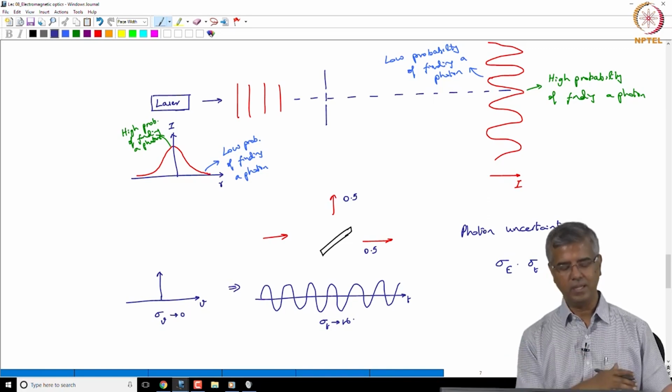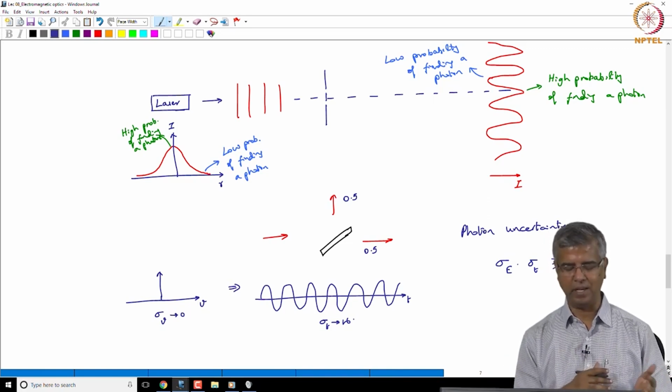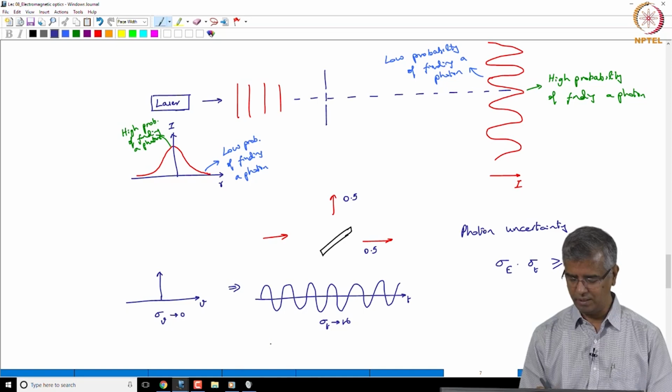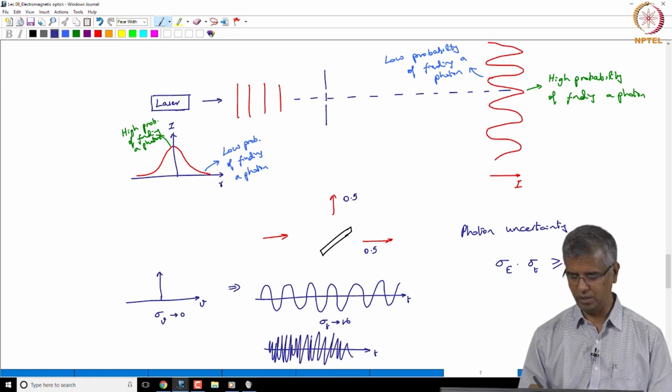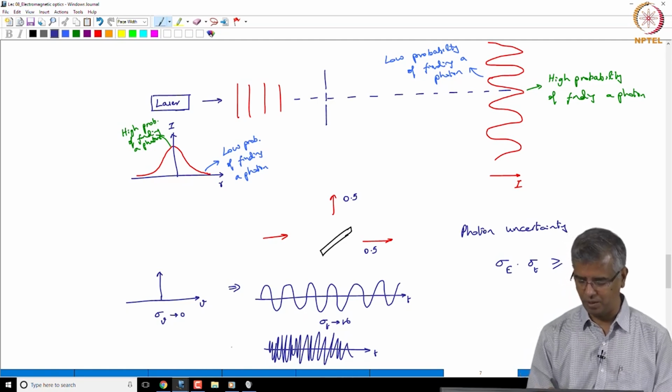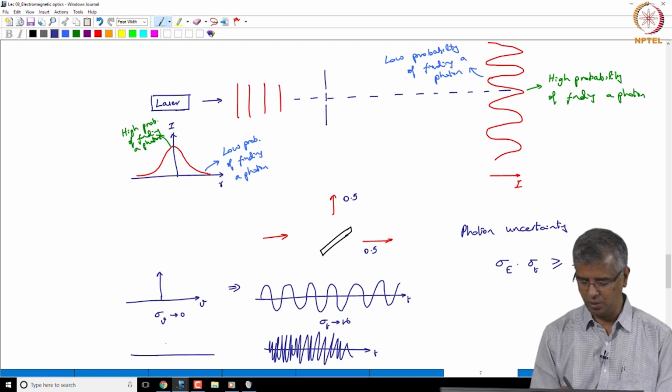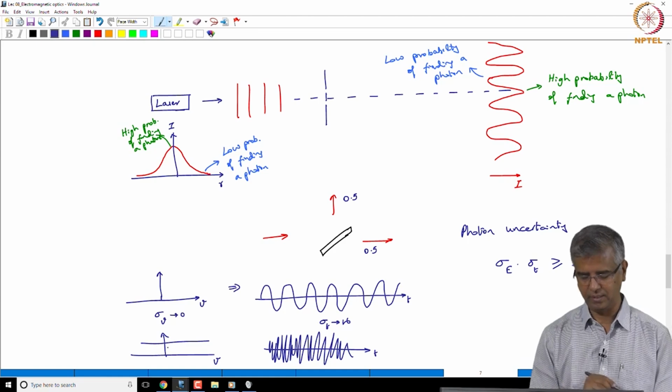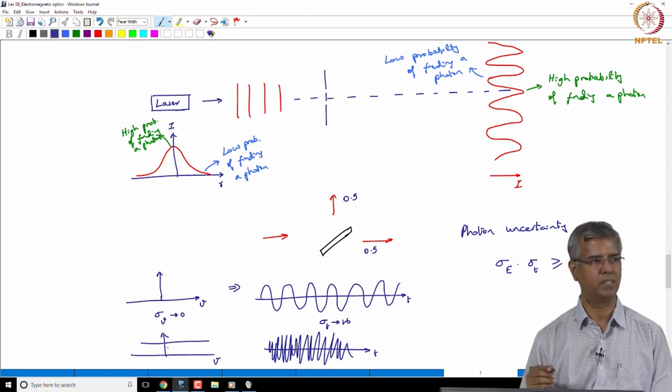Of course, you can play it the other way also. You could have a source which exhibits polychromatism, and then you take a sample of that and look at it in frequency space, and you would find that it has multiple frequencies.